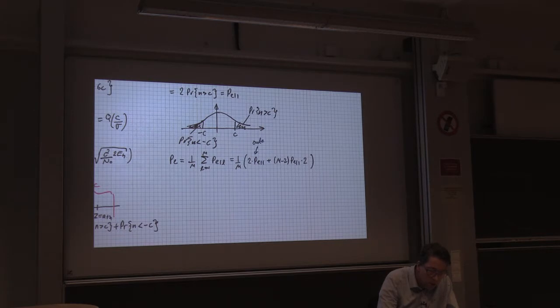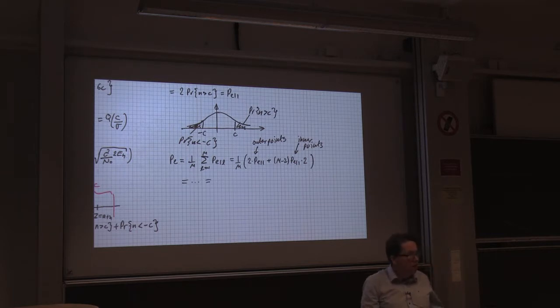So outer points and inner points. And I will spare you the algebra here, because what we do is we take these Q functions, we add them together and so forth.